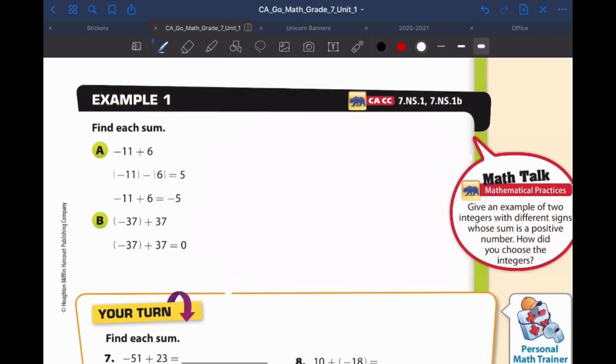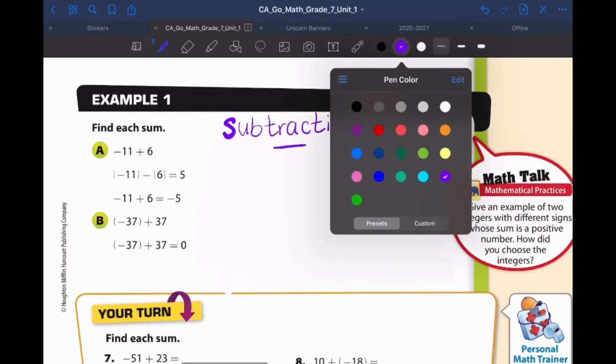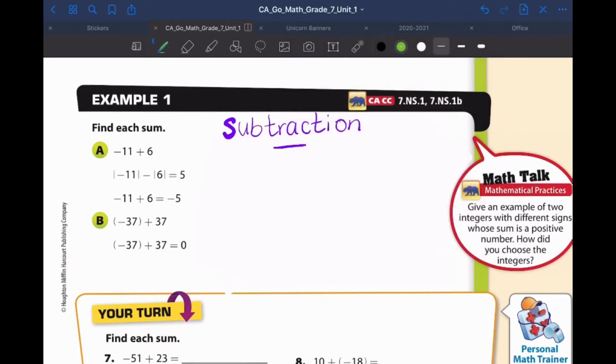Okay, now we are going to find the sum by using subtraction. We are going to subtract the integers to be able to find the sum. Although it might sound a little contradicting, it will all make sense at the end. Let me show you how. First, we have negative 11 plus 6, right?